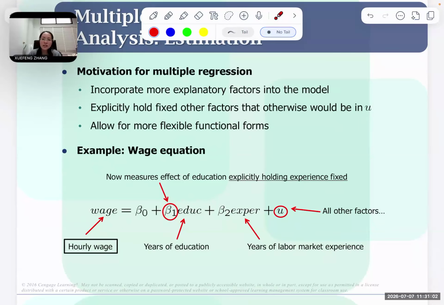So why do we ever bother with multiple regression? There are three reasons. First, we can include more explanatory factors, like more suspects that explain why. Second, and this is the key one, we can explicitly hold fixed factors that used to be hiding inside mu. In simple regression, experience was stuck in the error term.